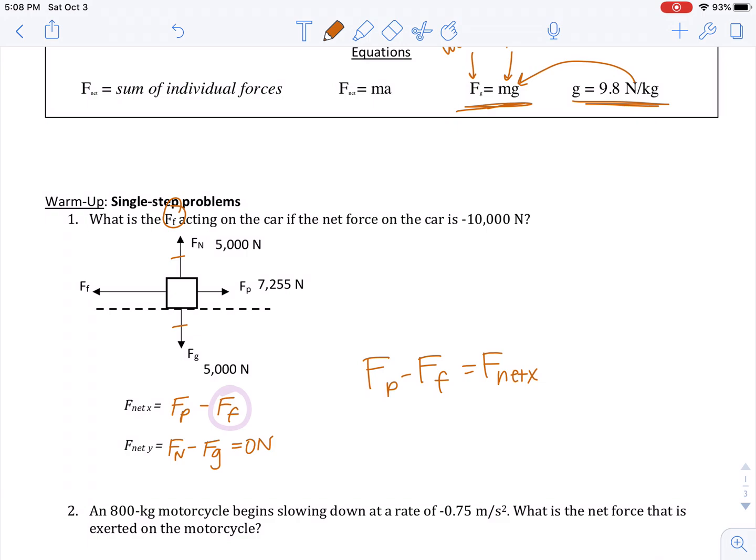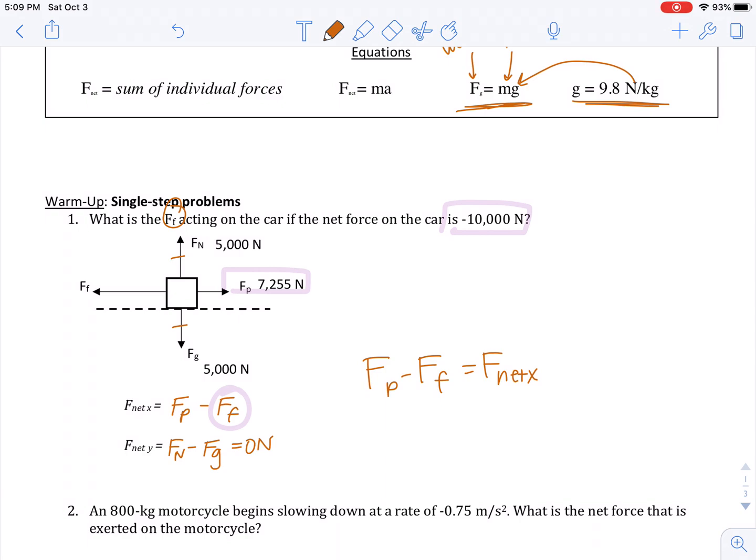So you try to find what are those two given variables in the problem. There's one. And here's another.